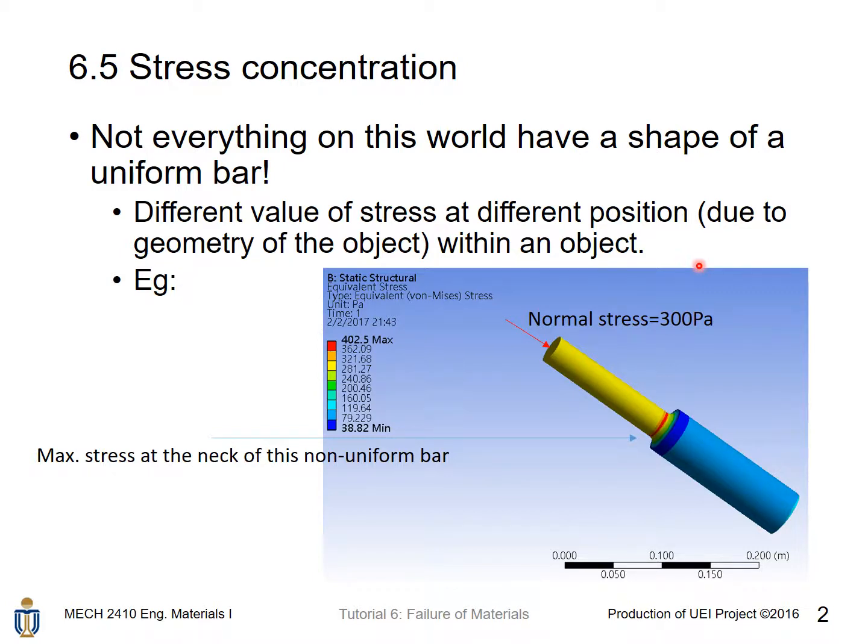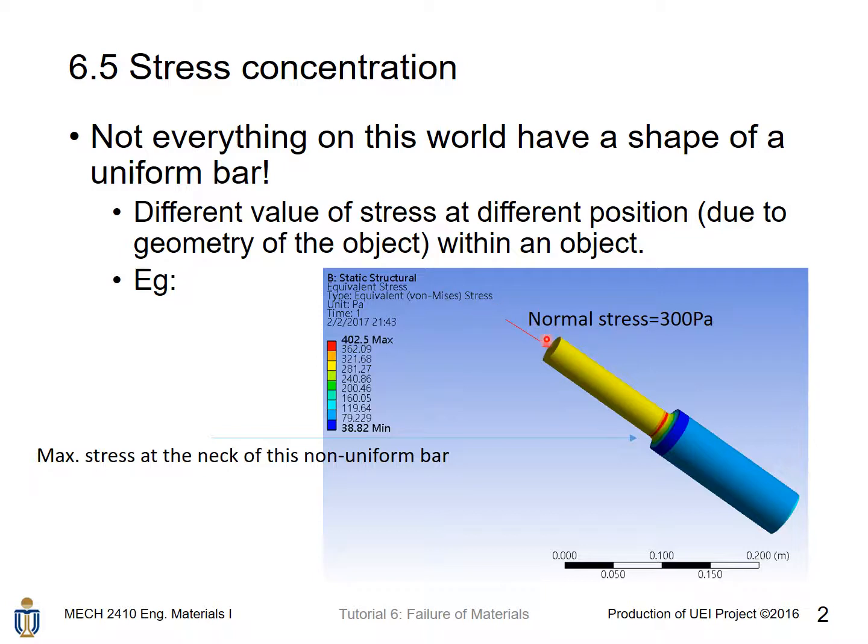As we know, not everything in this world has a uniform cross section, and that implies that at different positions of an object, it will have different values of stress. You can see here in this picture, this bar is certainly non-uniform in terms of its cross-sectional area. And the loading condition is a normal stress on this surface here equal to 300 Pascal.